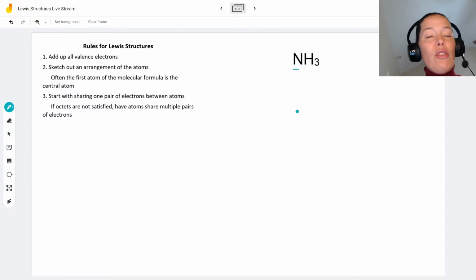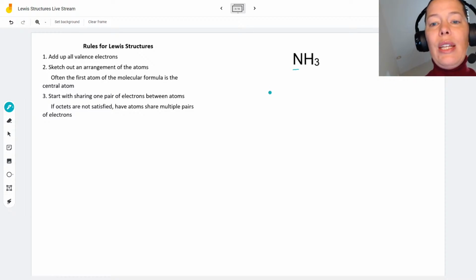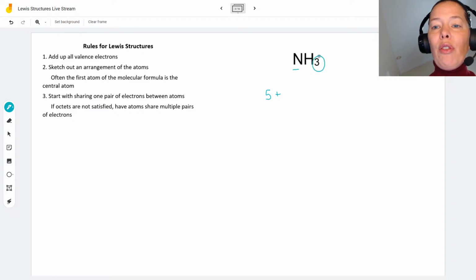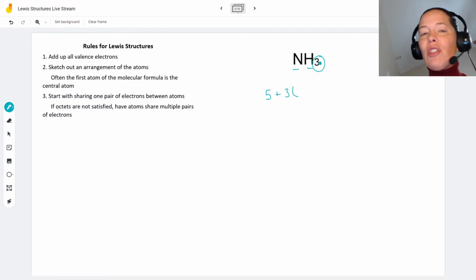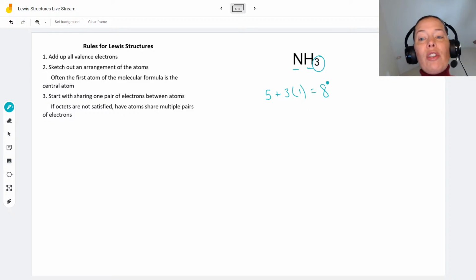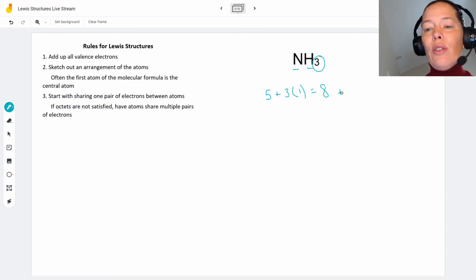Again, if you find nitrogen on the periodic table, you will see that it has 5 valence electrons. Now I need to add in the hydrogens. I have 3 of them, so I'm going to have a multiplier of 3. And of course, each hydrogen, just like with methane, gives me 1 valence electron. And you can see that this structure also has 8 total valence electrons.